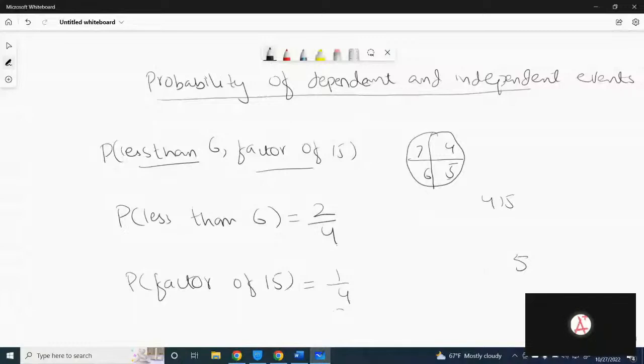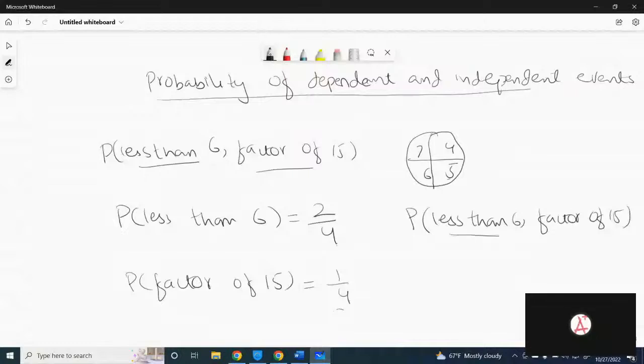So this is the probability of the number that is less than 6 and the probability of the factor of 15. Now you have to find the combined probability, the probability of less than 6 and factor of 15.